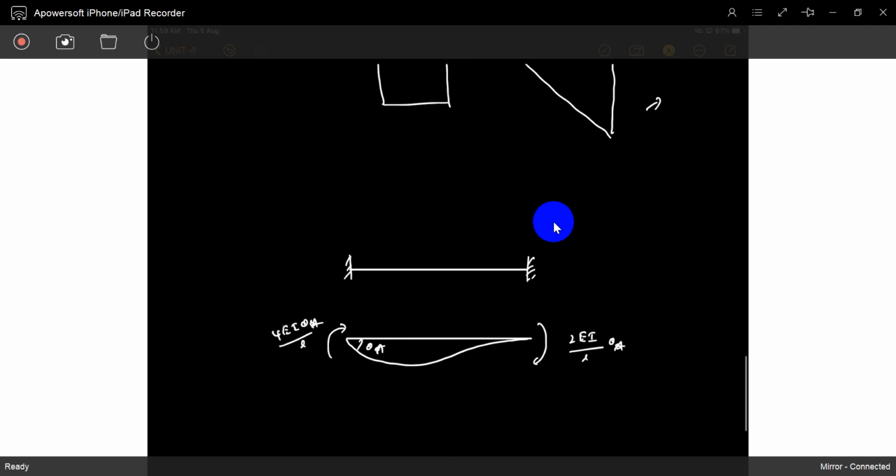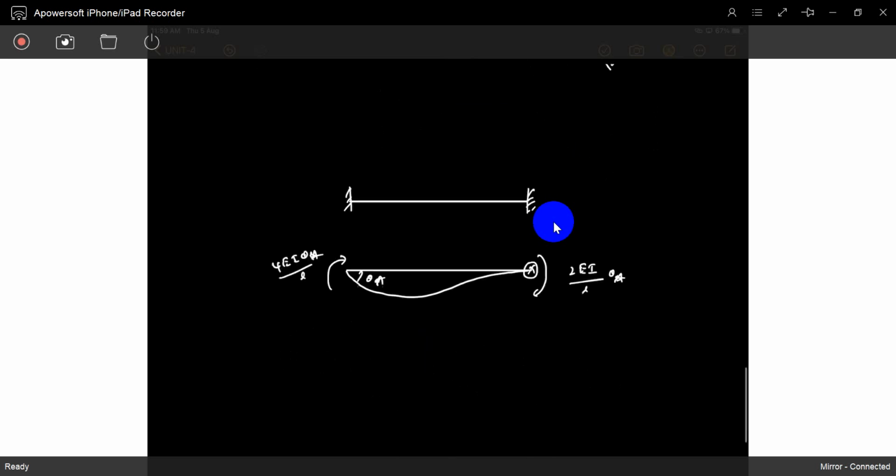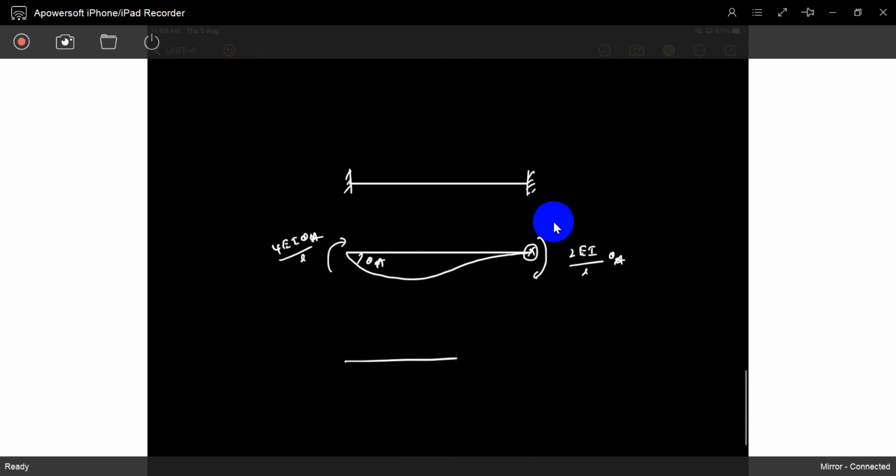You already know it. But if you see, the far end is a hinge. If it is a hinge support and you apply a moment like this, it will come like this. So if it is theta a, how much is it?